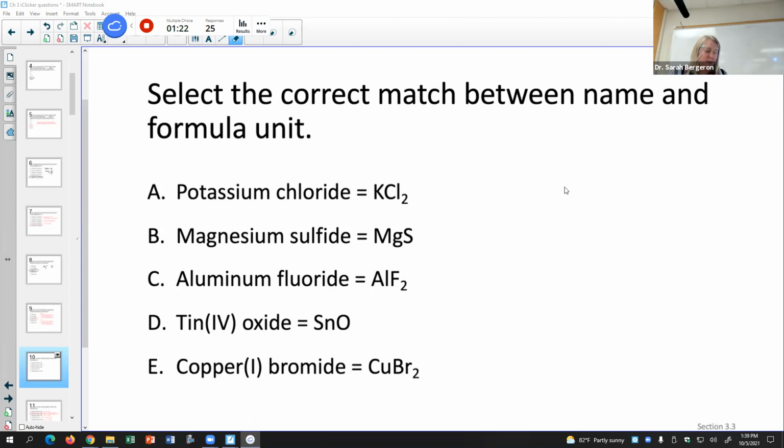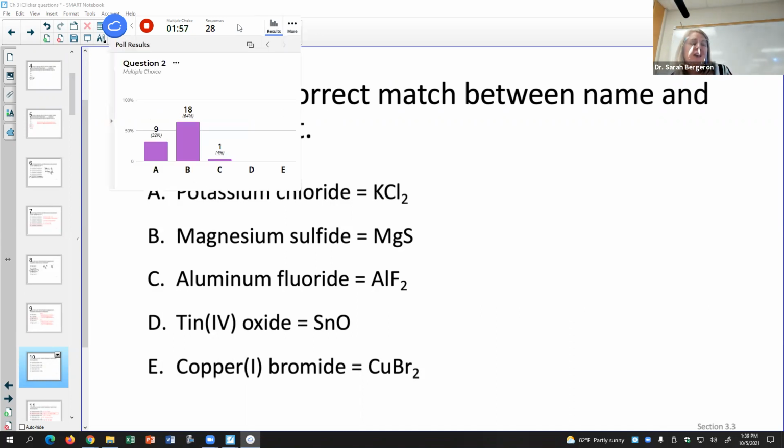So I'll give you all till 2 minutes. Okay, so what are we saying? A or B?